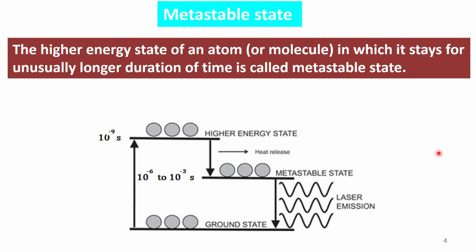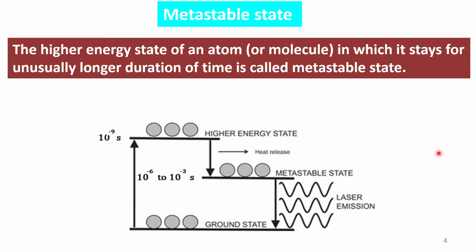We know that when the atom goes from the ground state energy level to the excited state energy level, the atom will stay in the excited state for a very short duration of time, and it may be in nanoseconds.